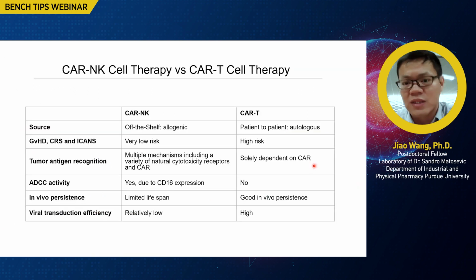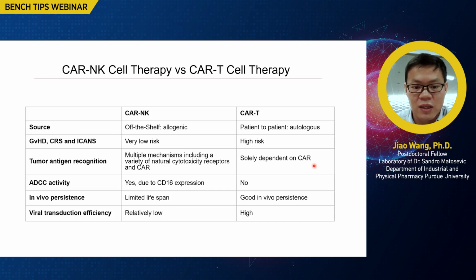So compared with CAR T cells, CAR NK cell therapy really has some unique advantages. First, they can be used as an allogeneic product. Second, they are pretty safe, and have not shown obvious cytotoxicity or side effects in clinical trials.